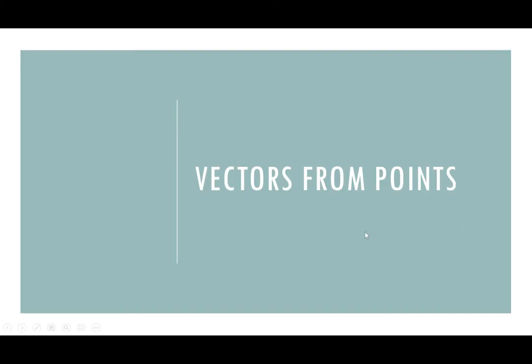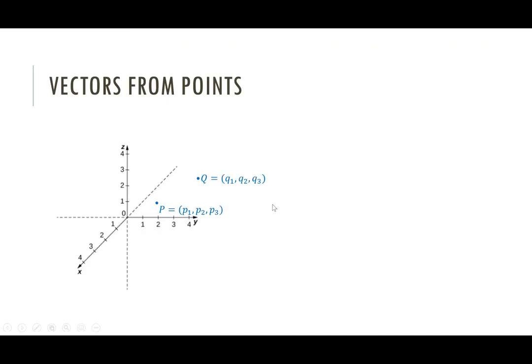And then the last thing I want to do is just talk about vectors from points. So suppose we have 2 points in the plane or in space, say P with P1, P2, P3 as its coordinates, and Q with coordinates Q1, Q2, Q3, then we might want to talk about the vector that starts at P and goes to Q. If we take the initial and terminal points, how do we find the standard representation of a vector as a list of numbers?